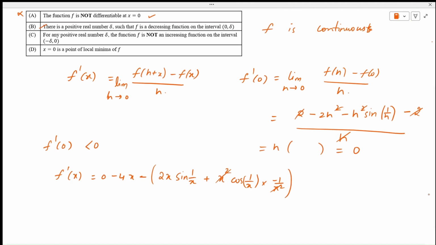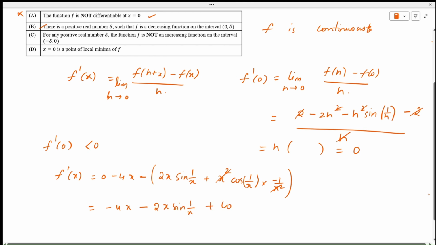So this is equal to minus 4x minus 2x sine 1 by x plus cos 1 by x, not plus, minus.